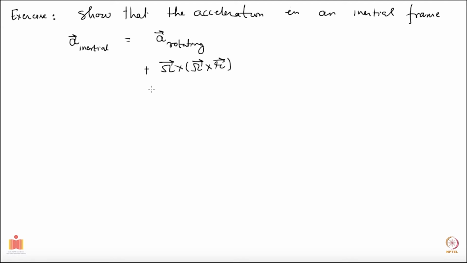plus 2 omega cross the velocity of that particle as found in the rotating frame, plus omega dot cross r. Okay, and yes, that's all. Let's see, 1 2 3 4, the 4 terms, correct. So this is what you'll get, and here is a hint to do this.